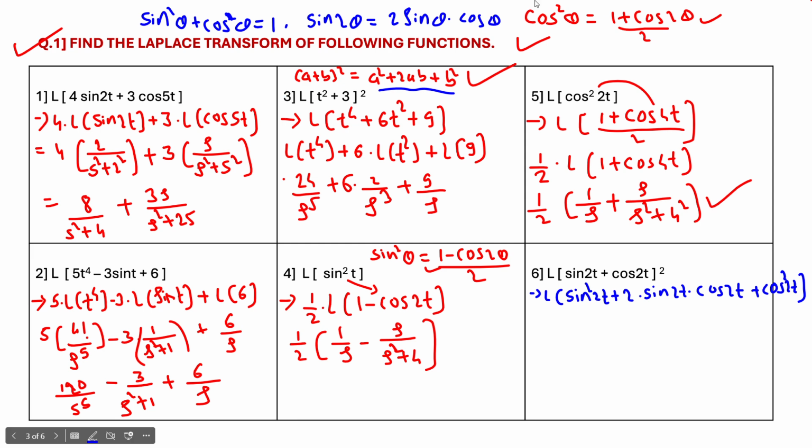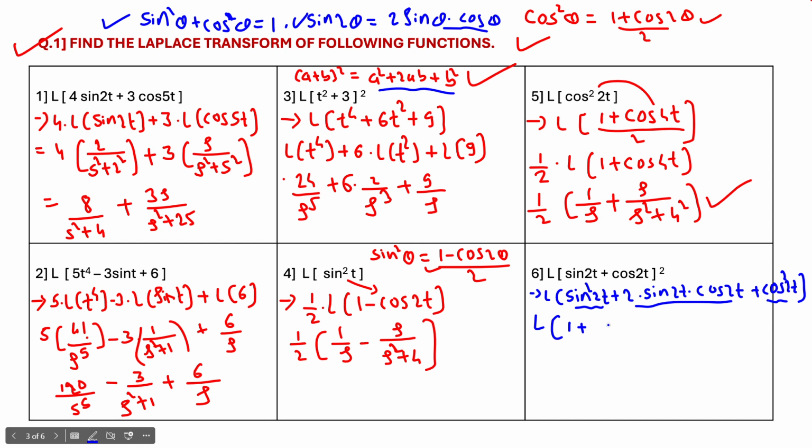So what I'm doing, you can see here, Laplace of sine square 2t, the first term and third term, sine square 2t plus cos square 2t will become 1. I apply the first formula, sine square theta plus cos square theta; here theta means 2t. And for the middle term, 2 sine theta into cos theta is equal to sine 2 theta. We have the formula.